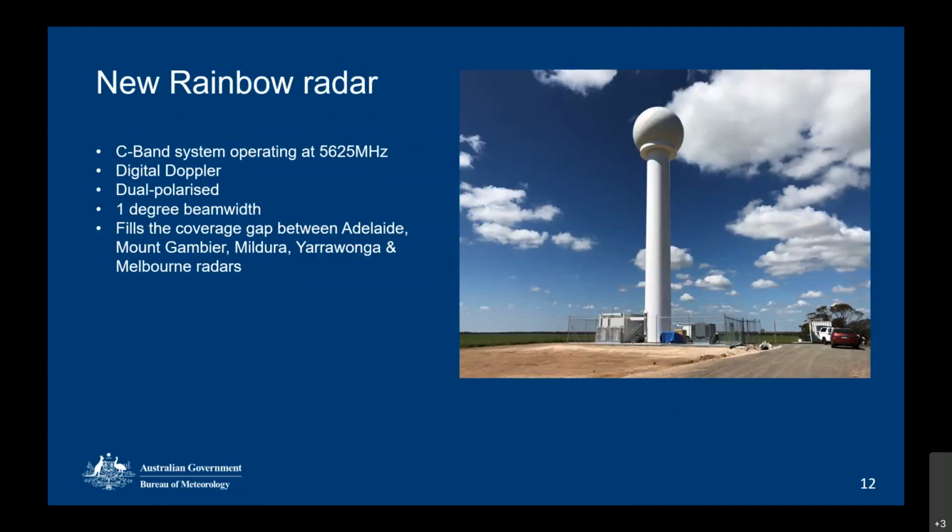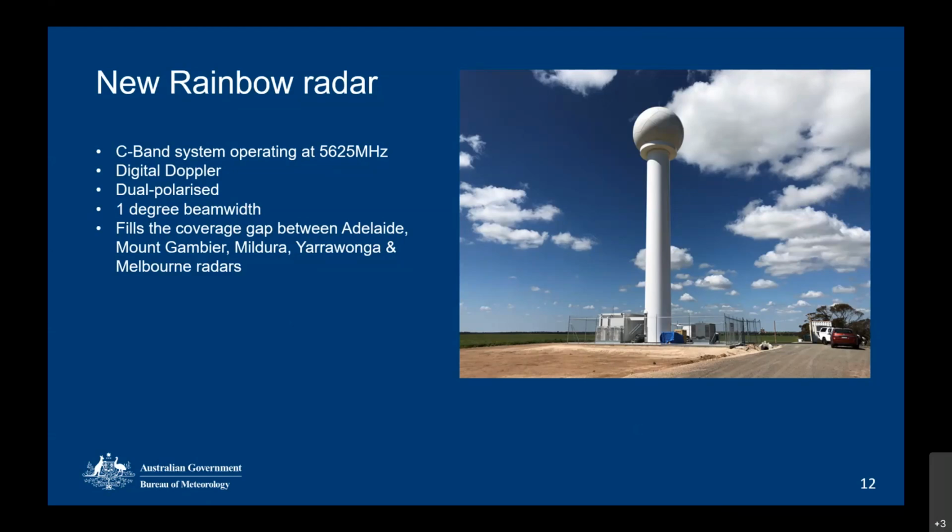All the time we're improving the radar network. We're replacing aged radars and putting in some new radars from time to time. This is a picture of our newest radar at Rainbow, in the Wimmera in Western Victoria. This radar is a new dual polarized digital Doppler radar. I'll explain that a little bit more later.